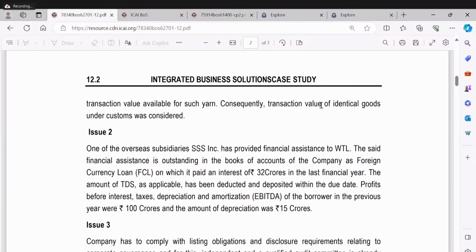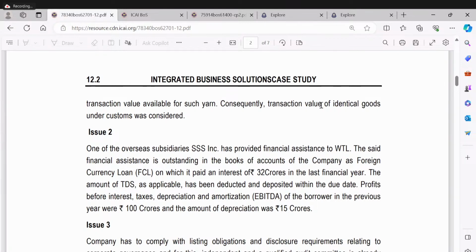The reason is that you cannot take the entire transaction value in case of purchase or sale of foreign currency because that does not represent the value of supply of service. Value of supply of service is only a part of that consideration. So for that, we have to go to the valuation rules because that has to be determined through valuation rules.